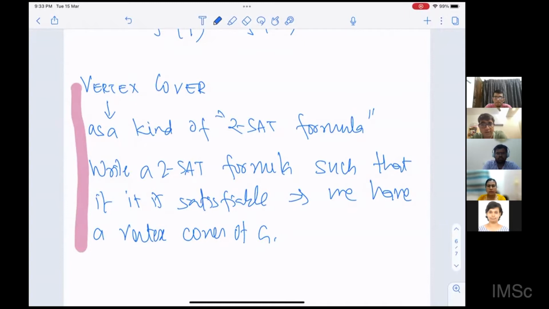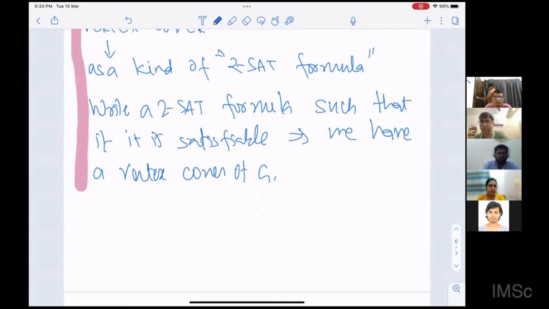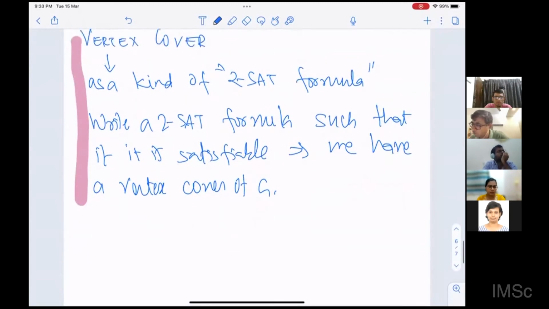Okay, so I assume that everybody knows what two-SAT formulas are. Okay, Sonak, carry on now. I just wanted to make sure that we are on the same plane.